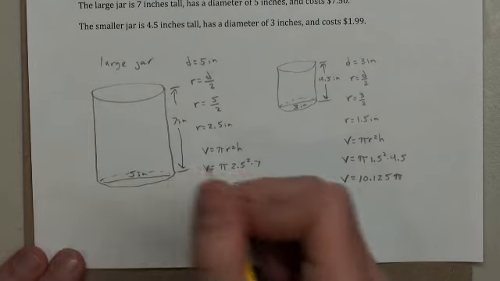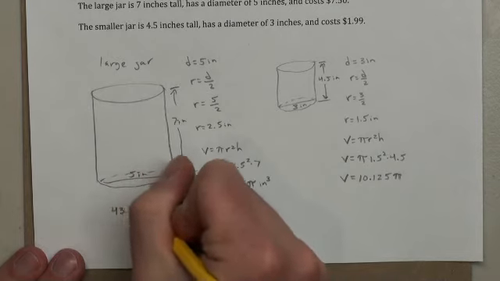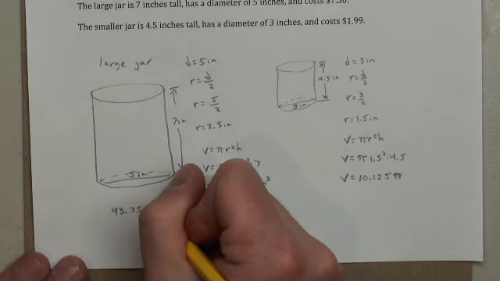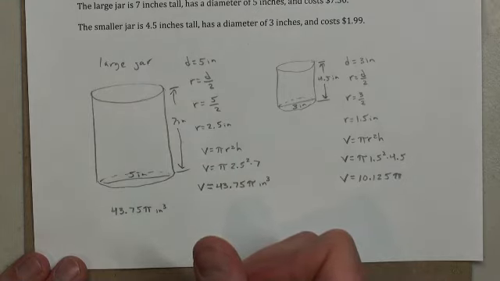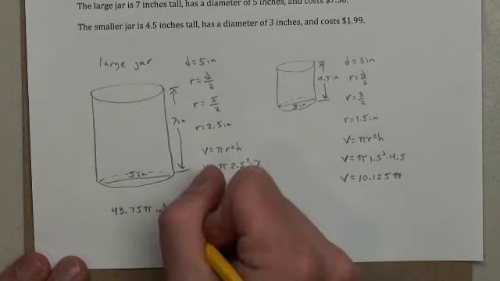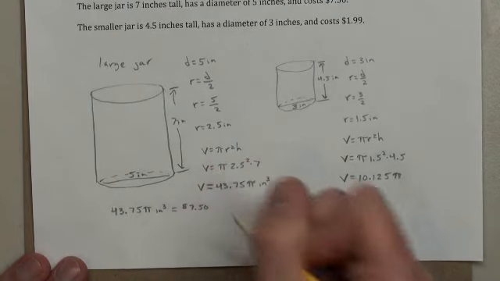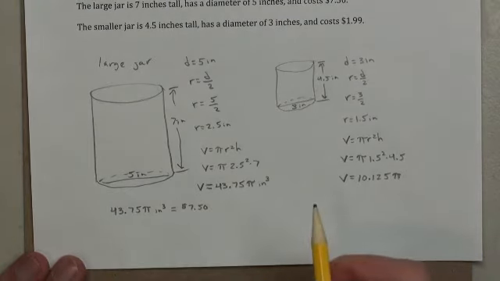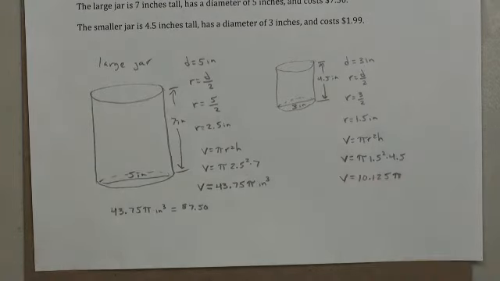We get 43.75 pi inches cubed in our container, and that's equal to $7.50. So let's find out what we get for 1 inch cubed. In both containers, if we figure out how much it is for 1 inch cubed, then we know which one's the better deal. Okay, that's one way to do this.